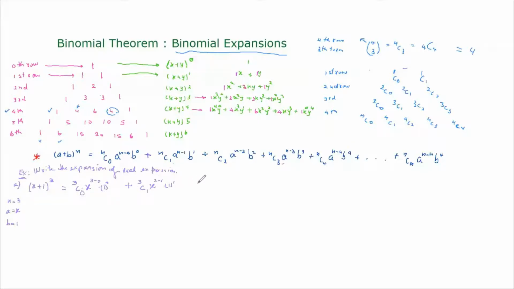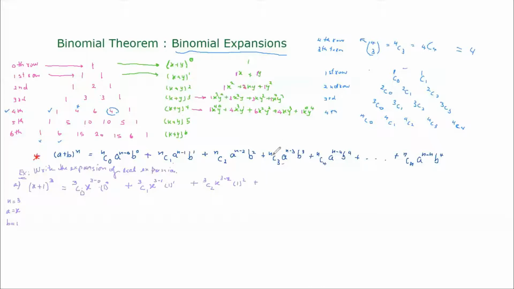Okay, and next term: nC2 becomes 3C2. a is x power 3 minus 2, b is 1, 1 power 2.